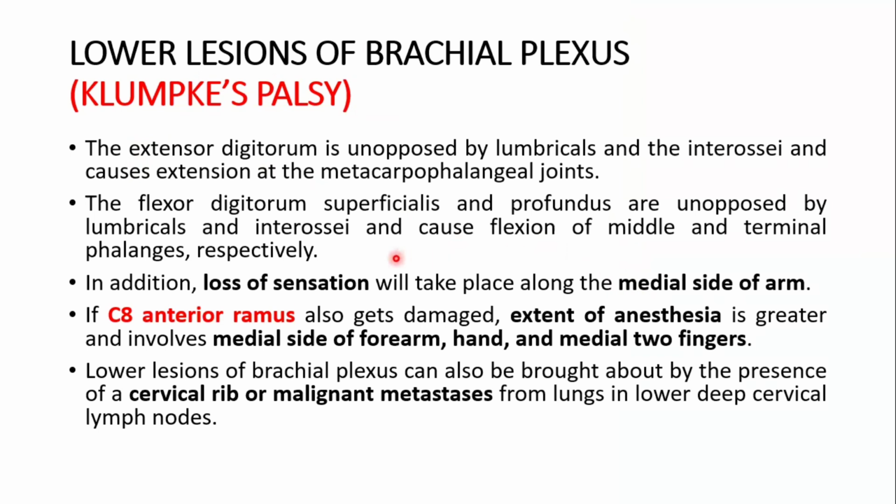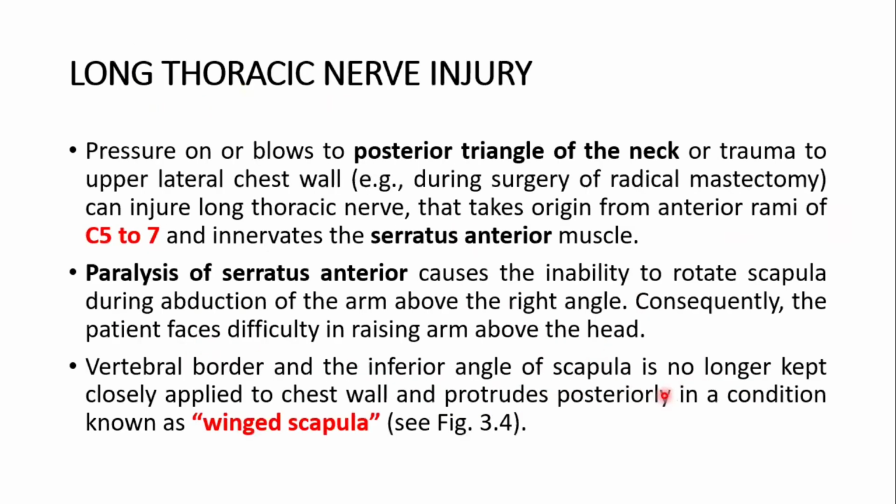Usually T1 is involved. If the C8 anterior ramus also gets damaged, the extent of anesthesia is greater and involves the medial side of the forearm, hand, and medial two fingers. Lower lesions of the brachial plexus can also be brought about by the presence of a cervical rib or malignant metastasis from the lungs in the lower deep cervical lymph nodes.